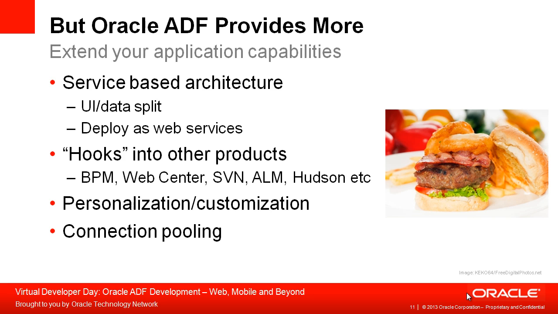So ADF provides features that allow the pooling of resources such as database connections, so that, for example, you might have 500 users being serviced by only 20 database connections, and they're sharing. And the framework provides features to do this automatically for you as well.